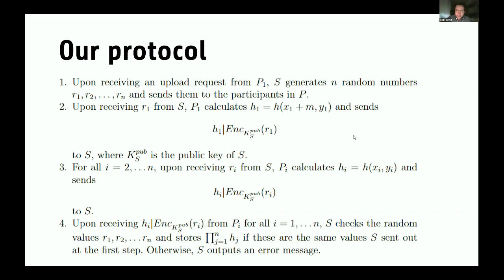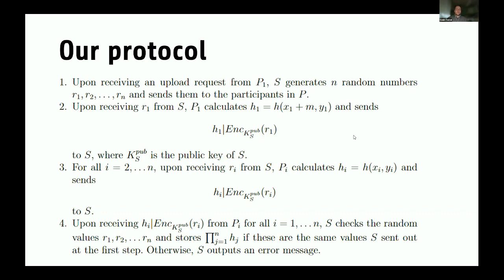Oh, sorry, I didn't mention X1 and Y1 is a private secret value from the participant P1, and every participant has two secret values. Participant i has a secret value Xi and Yi. These are our assumptions. So here P1 sends this hash value to the server together with an encrypted version of R1, encrypted with the public key of the server.